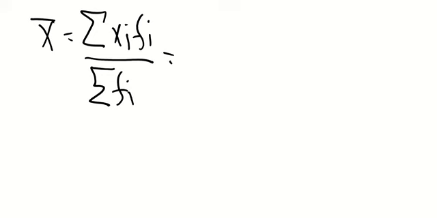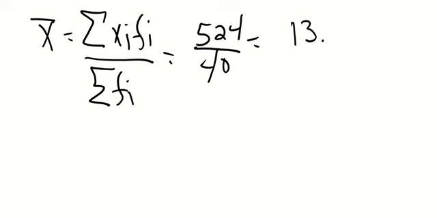Our numerator is 524. Our denominator, we added them all up, was 40. So when we did the math, it's just 524 divided by 40, which gives us a mean of this collapsed table of 13.1.